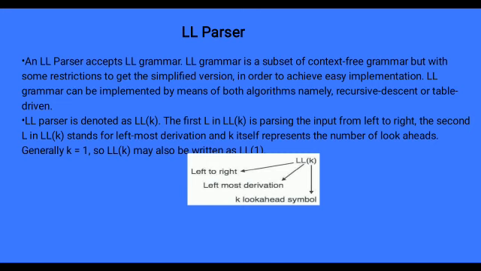That's why the LL parser is also called LL(1), because here the k value is generally 1. In the diagram, LL(k) is left to right, leftmost derivation, lookahead symbol, that is k. So that is called the LL parser, or LL(1) if the k value is 1.